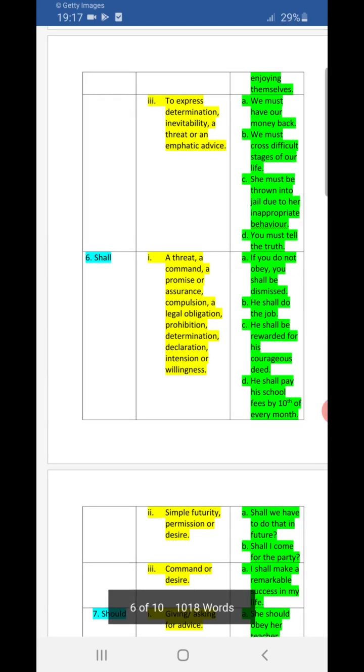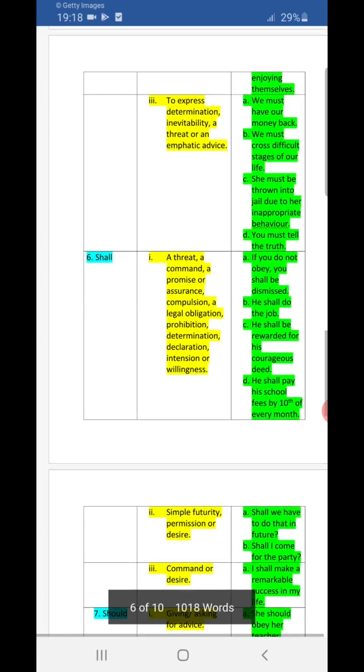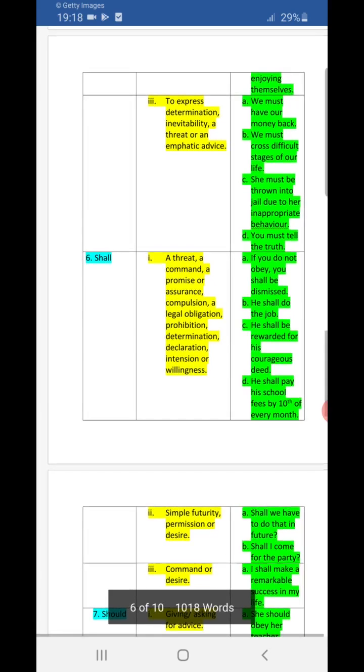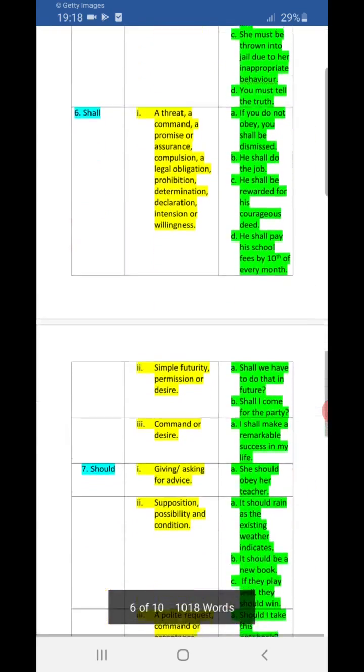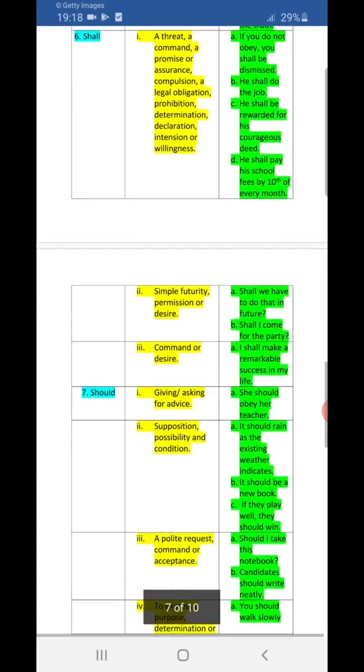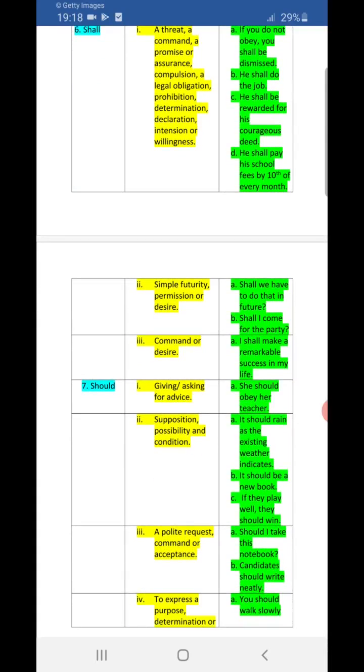So it's a kind of legal obligation or compulsion expressed, or it can be a promise or assurance.